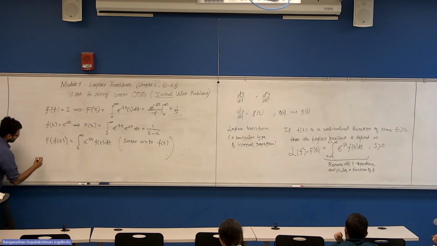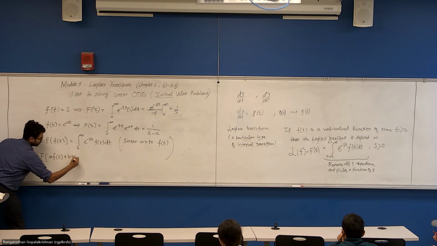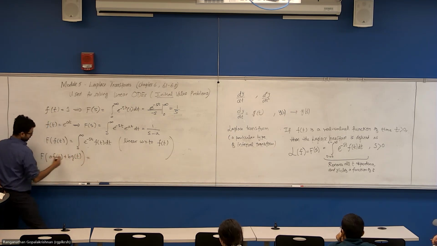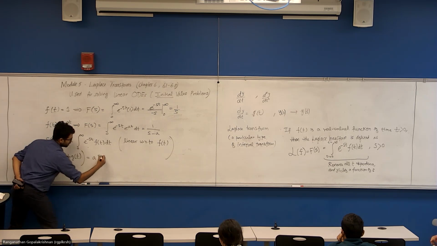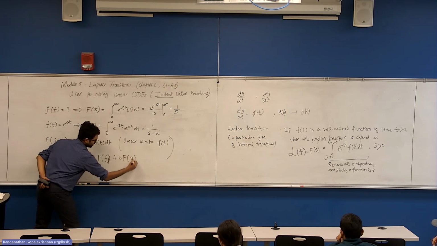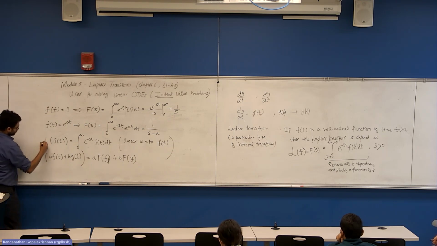Or in other words, what I mean is the Laplace transform of a combination of two functions can be written as a times the Laplace transform of f plus b times the Laplace transform of g. Actually, the book wants to use the symbol f.